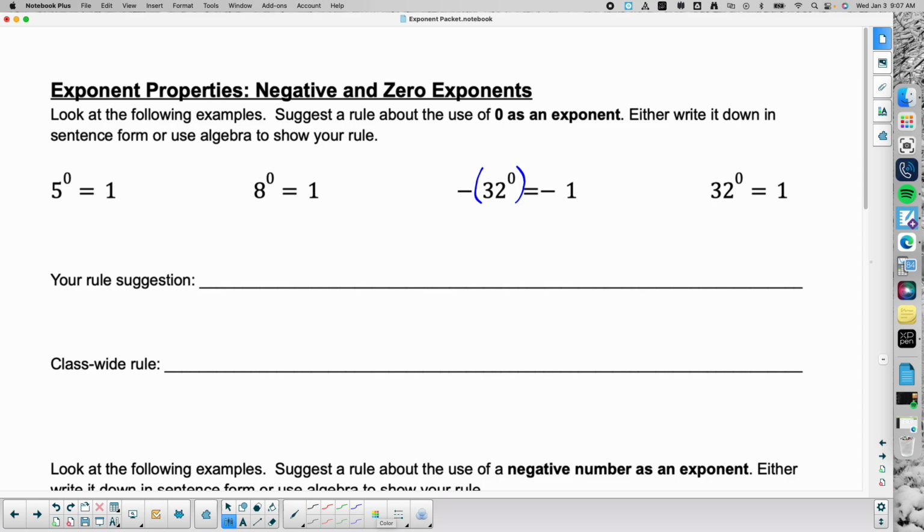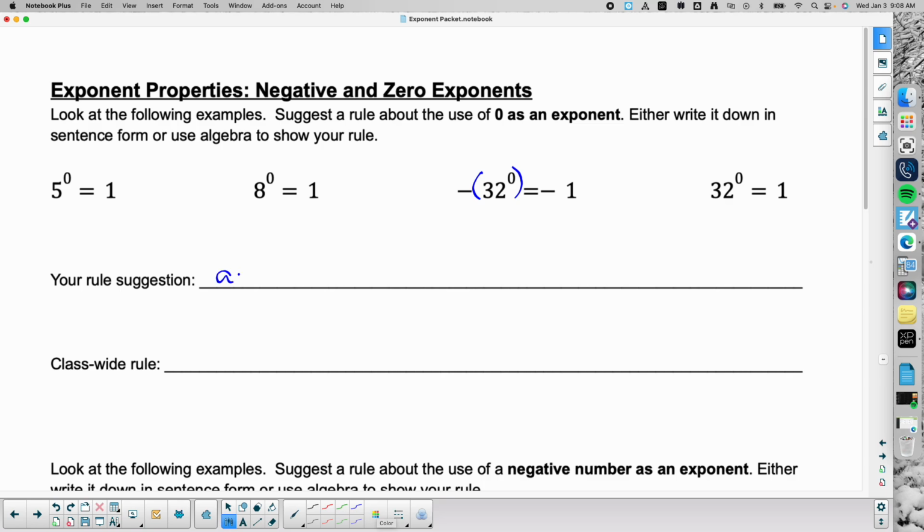So do you remember PEMDAS, right? Exponents come before multiply. So there's no parentheses written here, but that's how it acts. If that negative was supposed to be on the 32, it would have to be written like that, but it's not. So that negative is actually out front.